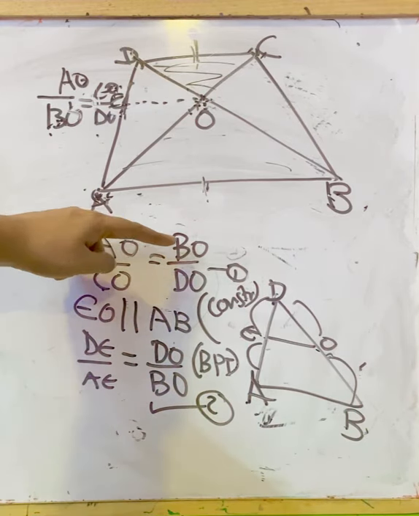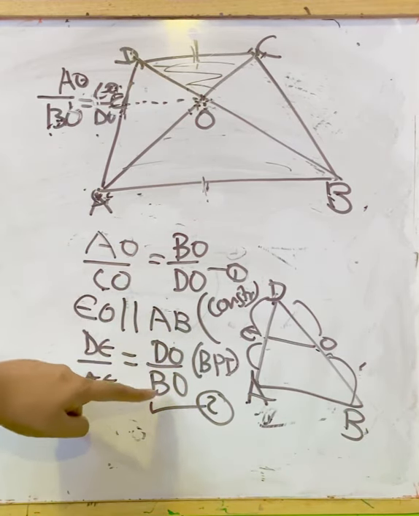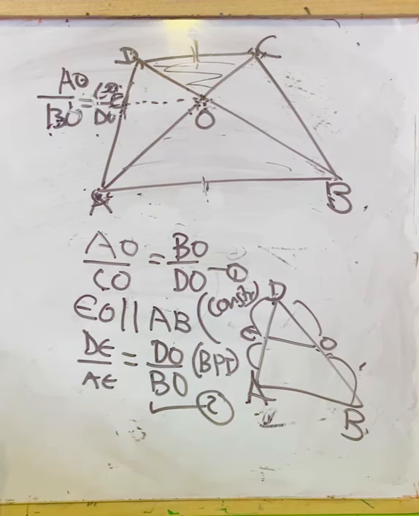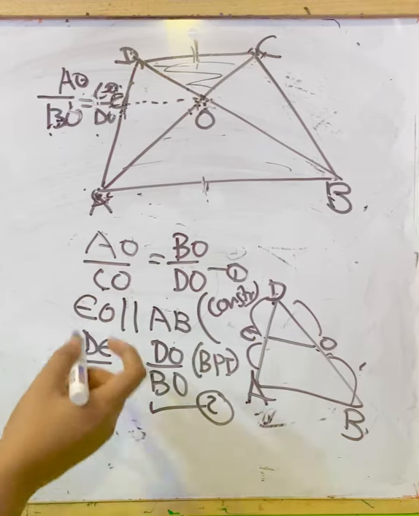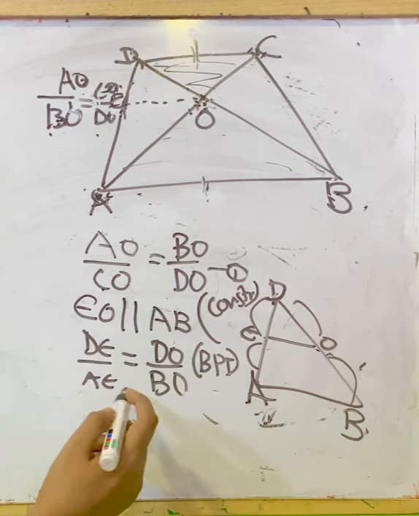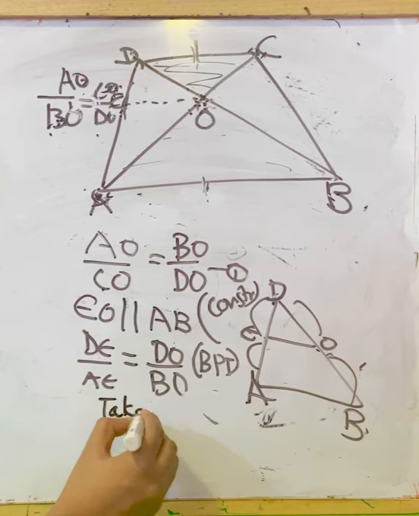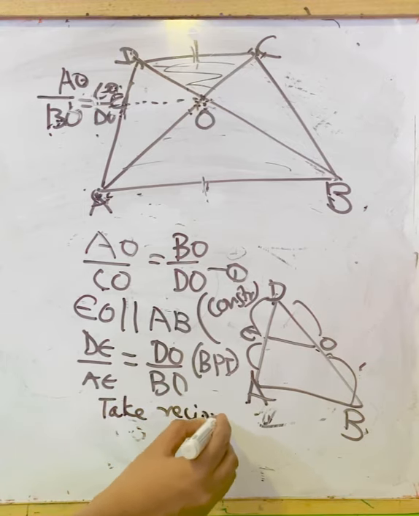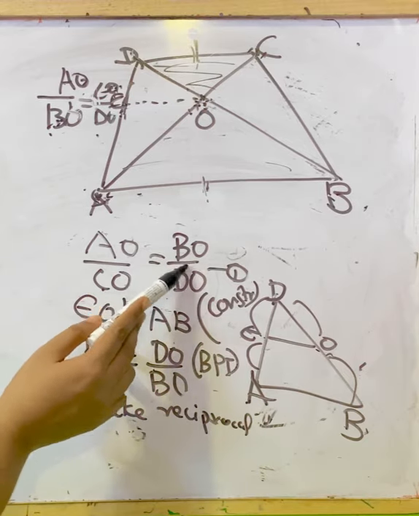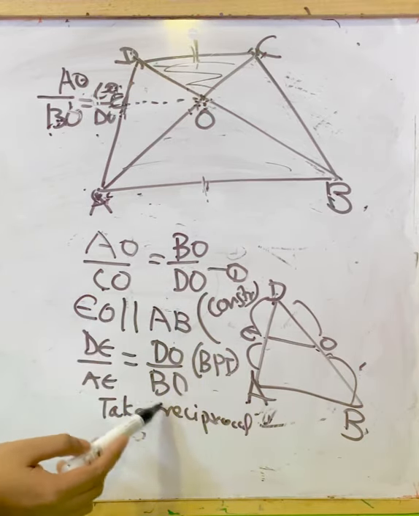Here we can see BO by DO and here DO by BO. Let us take reciprocal of this, because then only we can compare them. First we will take reciprocal, because we have to compare these two equations. In that, this is BO by DO, here we have DO by BO.